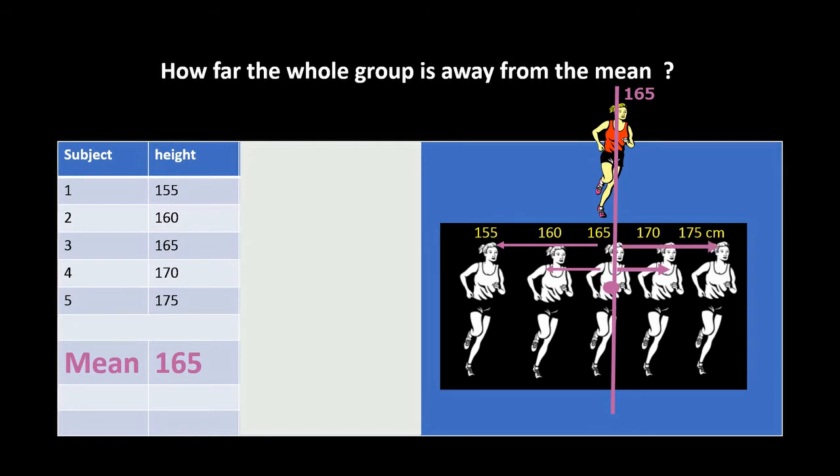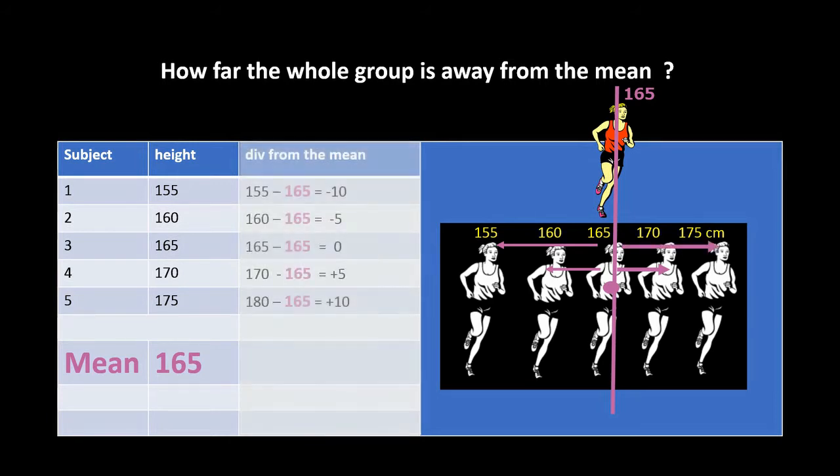Last one is longer by 10 centimeters. So that's it. The difference of each of the values from the mean. If you want to know the difference of the whole group, then I'm going to add all these. If you add all these, you will find that the result is 0.